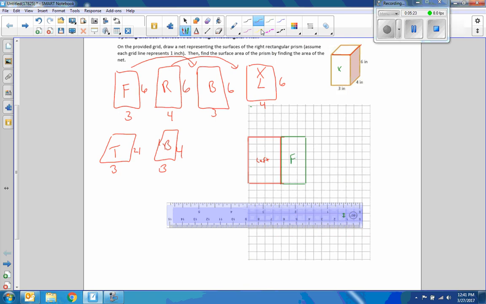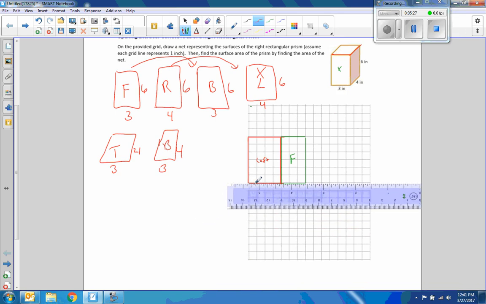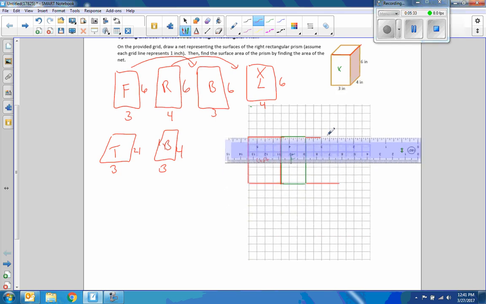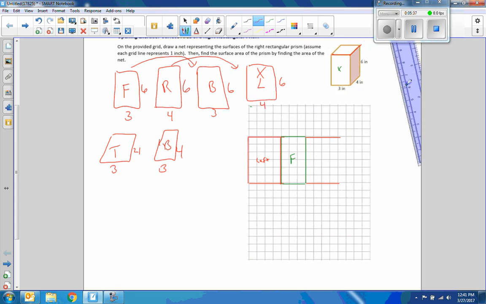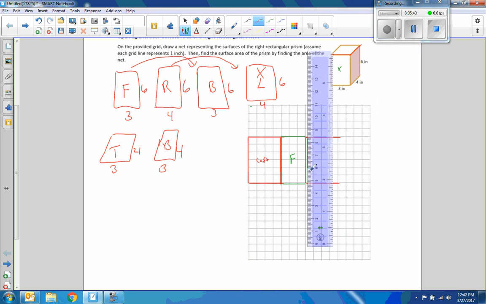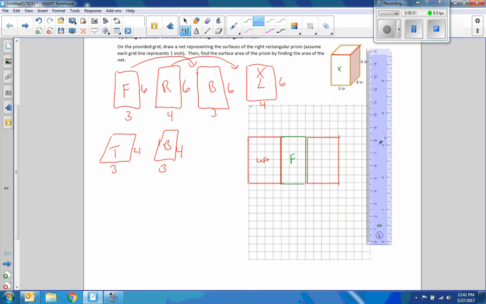Okay, now I'm going to do the right in the same color as the left. So the right and left will be red. And now I'm going to draw another box that is length 4. 1, 2, 3, 4. Rotate. Okay.